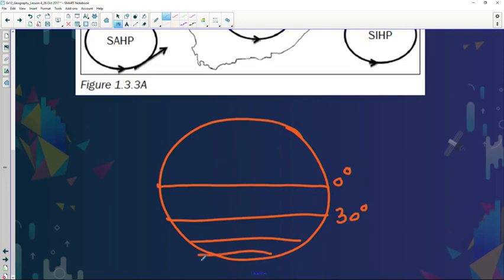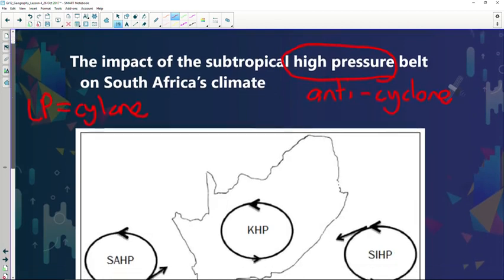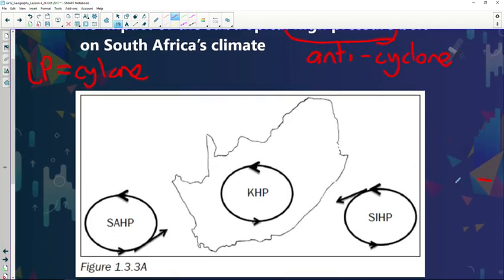Now, where is South Africa situated? We are situated right over here on the 30-degree latitude line. Now we've learned in the past episodes that a low pressure belt exists at the equatorial regions because of warm conditions. And what happens over here? A high pressure belt exists on the 30-degree latitude. And that, Gr12s, is where we are situated.